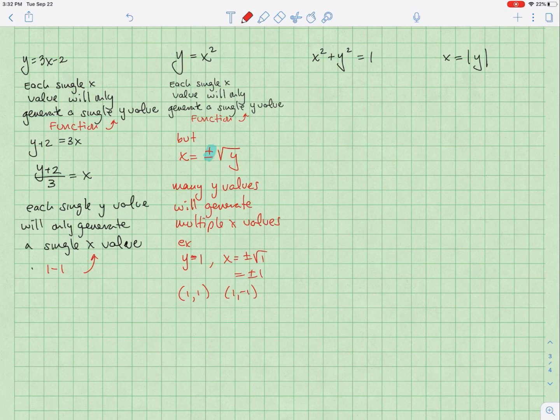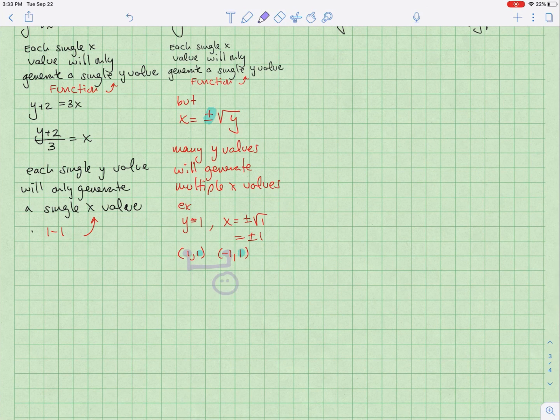And we can see that they share a y value, but have different x values. Not 1 to 1. So this is not 1 to 1.